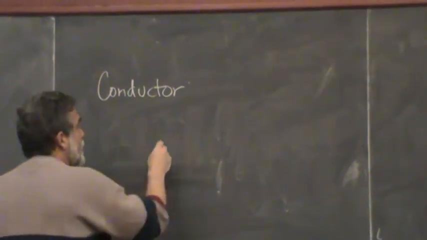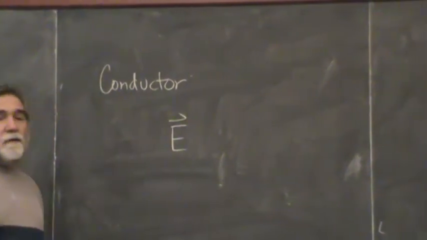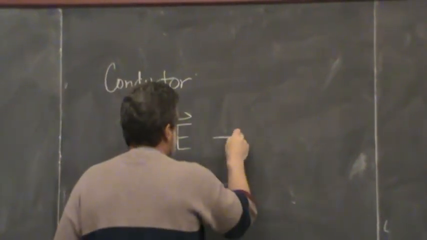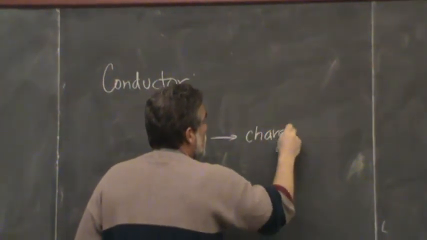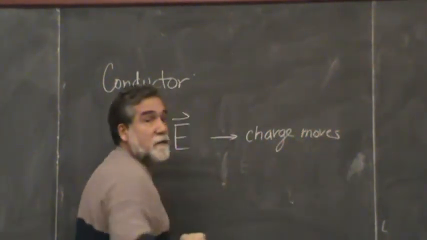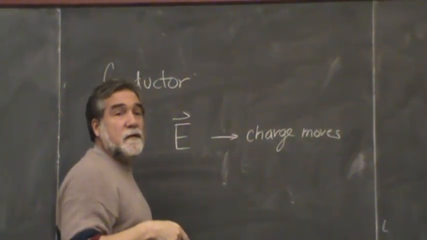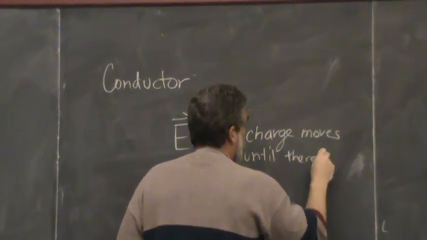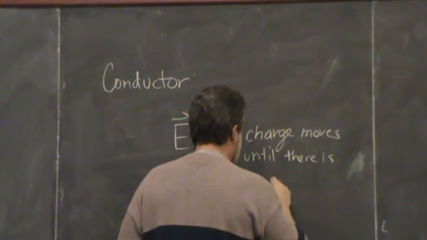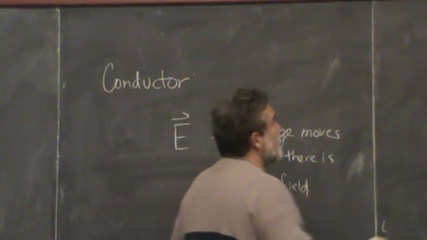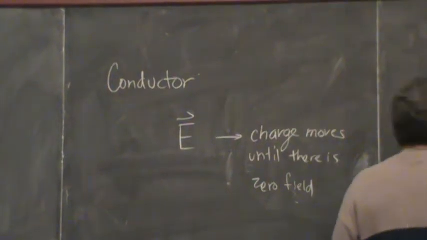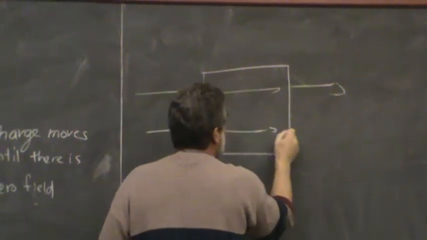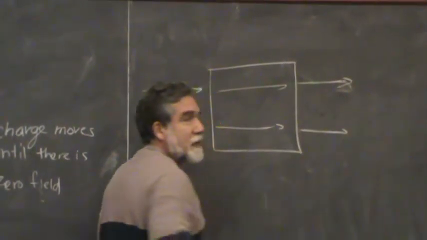So that means that if we have a situation where we establish a field in a conductor, there's going to be a consequence. The charge moves as long as it feels a field, and it keeps moving until there's zero field. What that means is that if I had a chunk of conductor, and then I applied an electric field, initially I'd have that electric field, so I turn it on, and 1 picosecond later, there's the field.